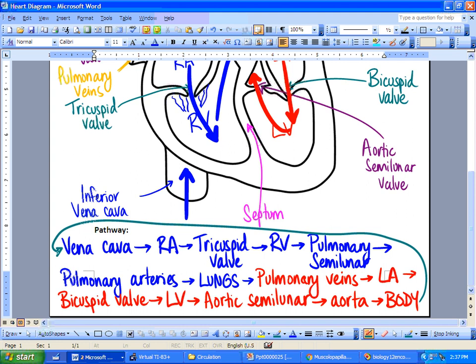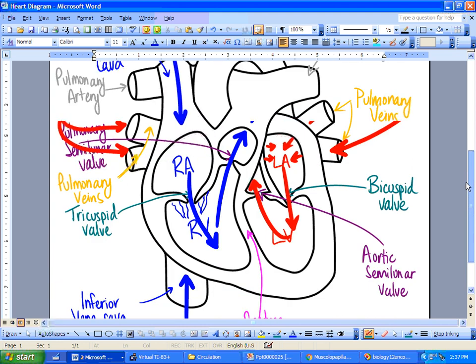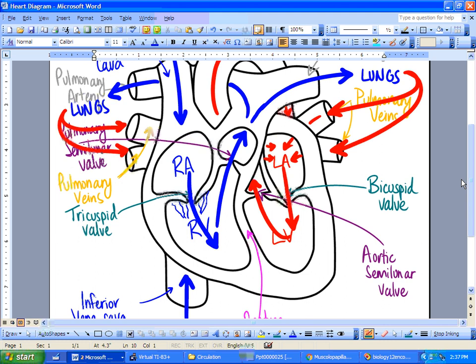So that's the cycle. Hopefully you found that a little bit helpful now to see it all and talk through it a little bit. Again, this diagram looks ridiculously complicated right now just because we've drawn stuff all over the page, but hopefully it's not too bad. You will be responsible, I can tell you this right now, for knowing all the different structures, blood vessels, chambers, parts of the heart.